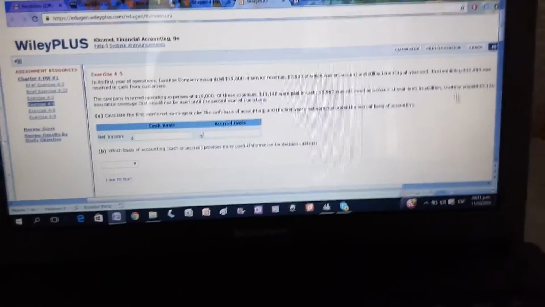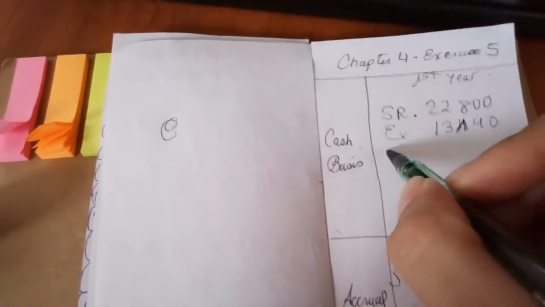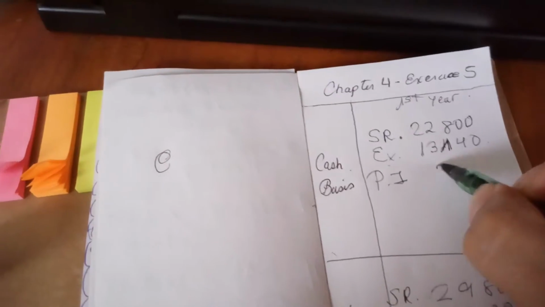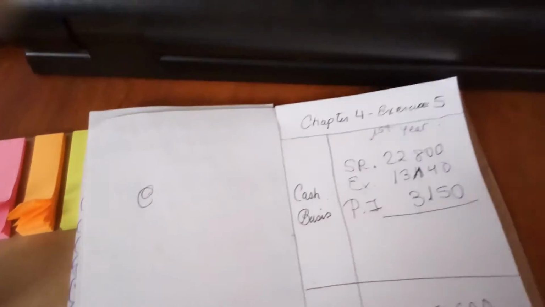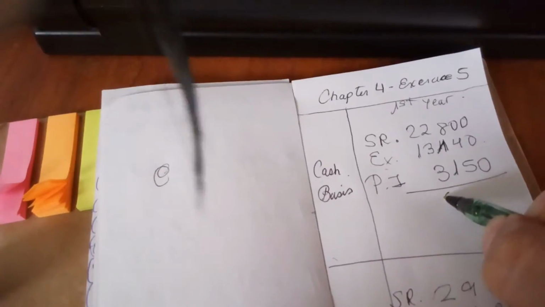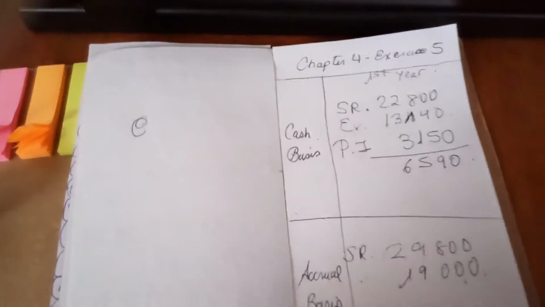So if we consider the cash basis, we have to take into account this expense, this prepaid insurance, which was 3,150. So at the end, we will have 6,590.